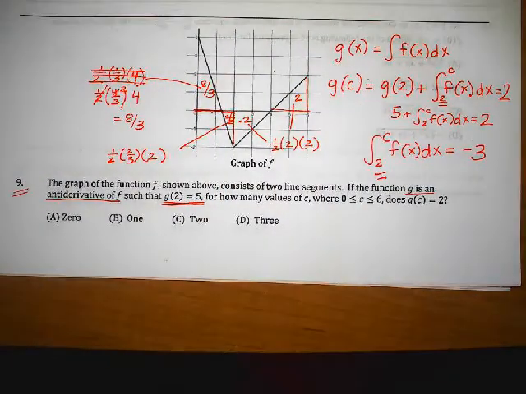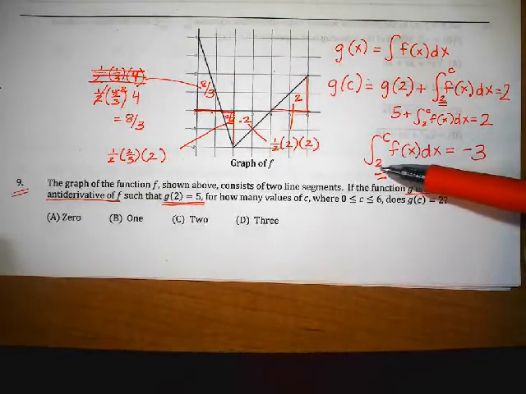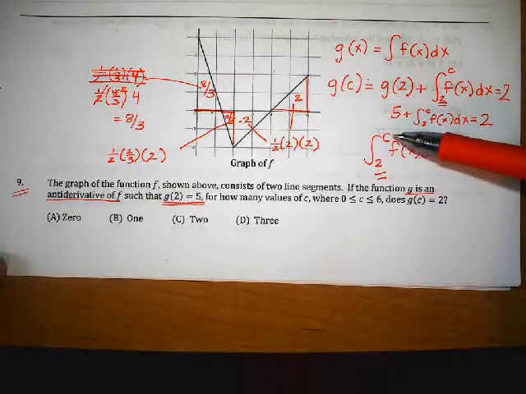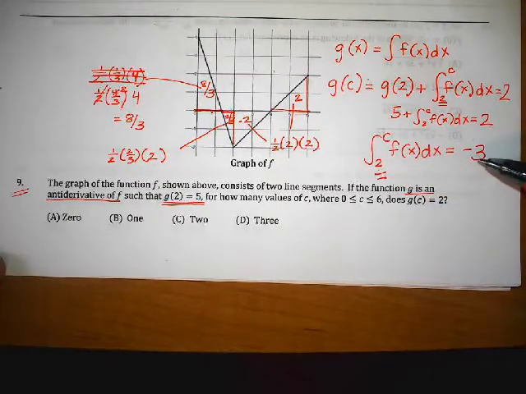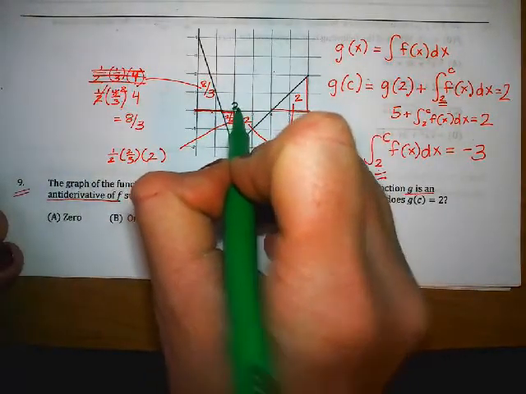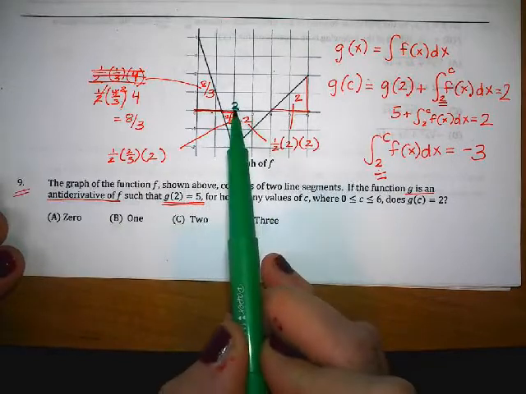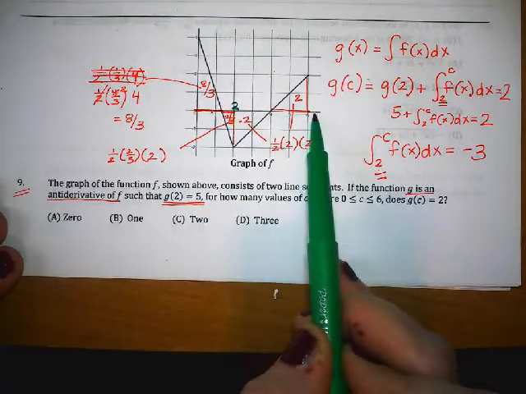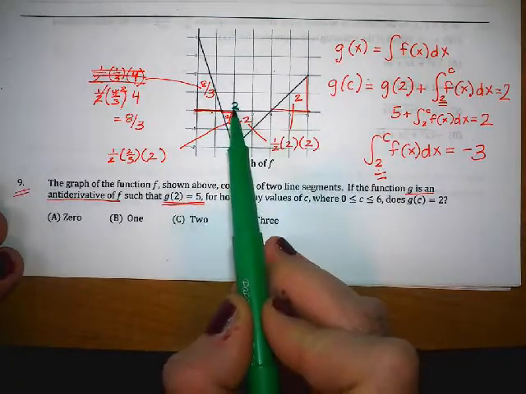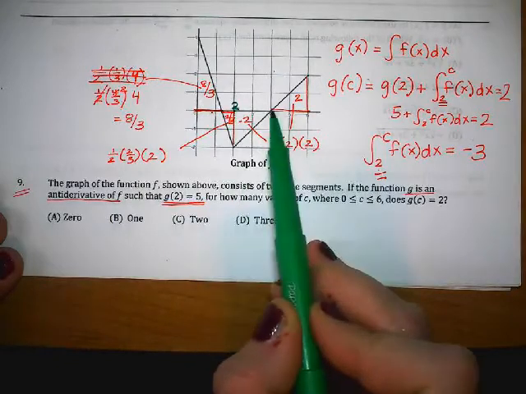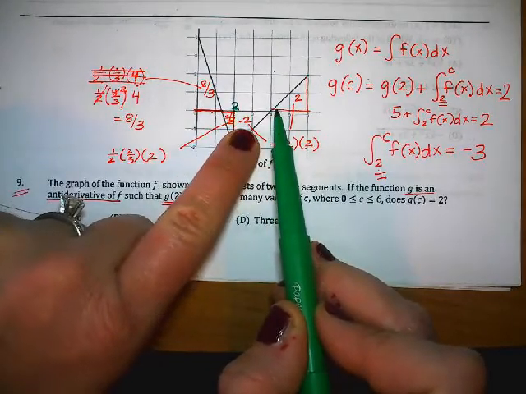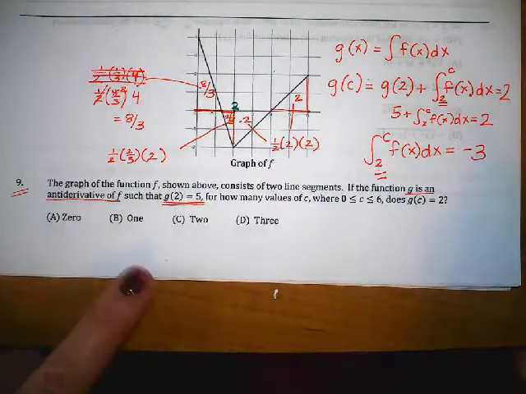Okay, now I know what all those areas are. So now I need to figure out if I'm integrating from 2 to any value, will I be able to get -3? Well, let's start at 2. 2 is right here. If I integrate from 2 to any positive value, let's say that I integrated from 2 to 4, my area is -2. That's not -3.